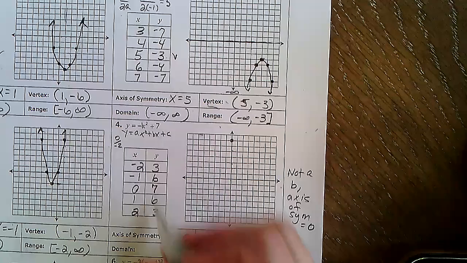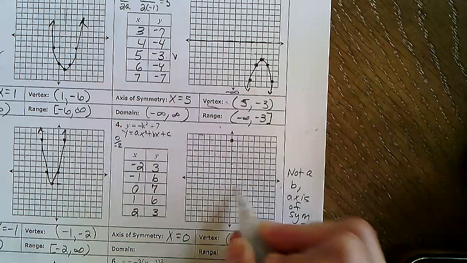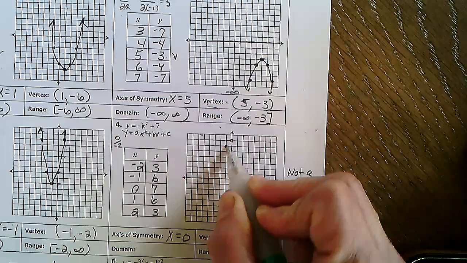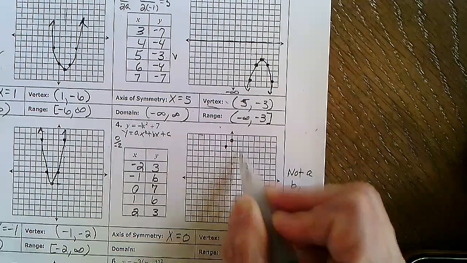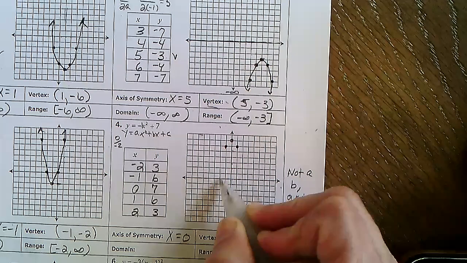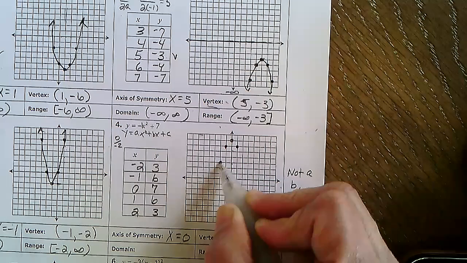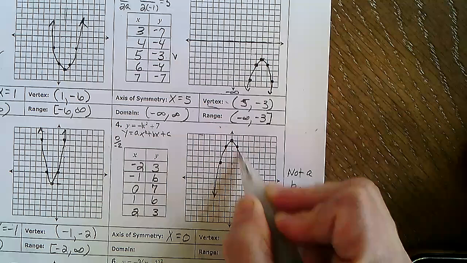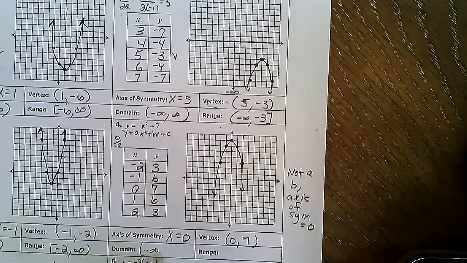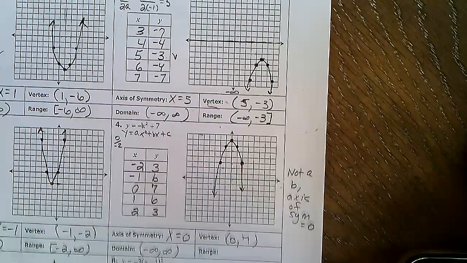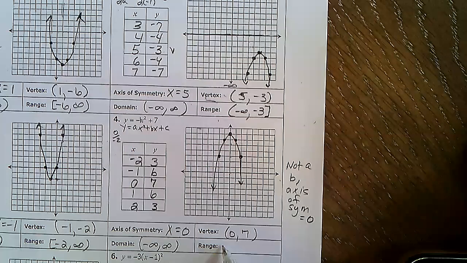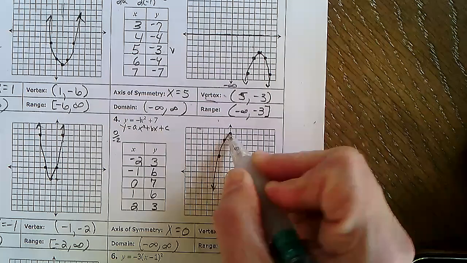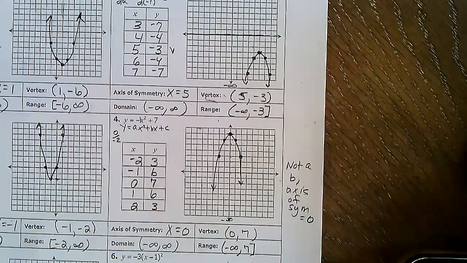Okay, so I go to (0, 7), got that. Okay, (-1, 6), (1, 6), (-2, 3), and (2, 3). All right, there we go. My domain is negative infinity to positive infinity, and my range, the lowest point is negative infinity, and the highest point is right there, which is 7.